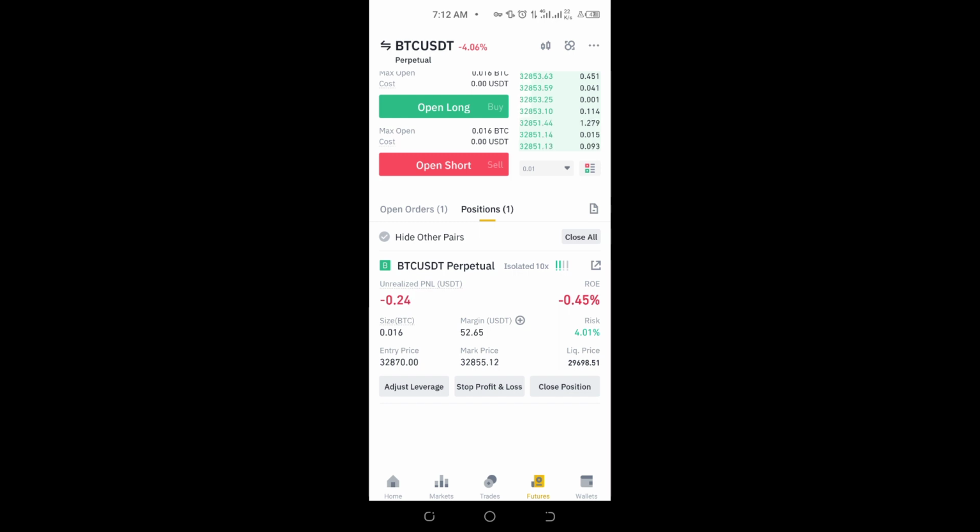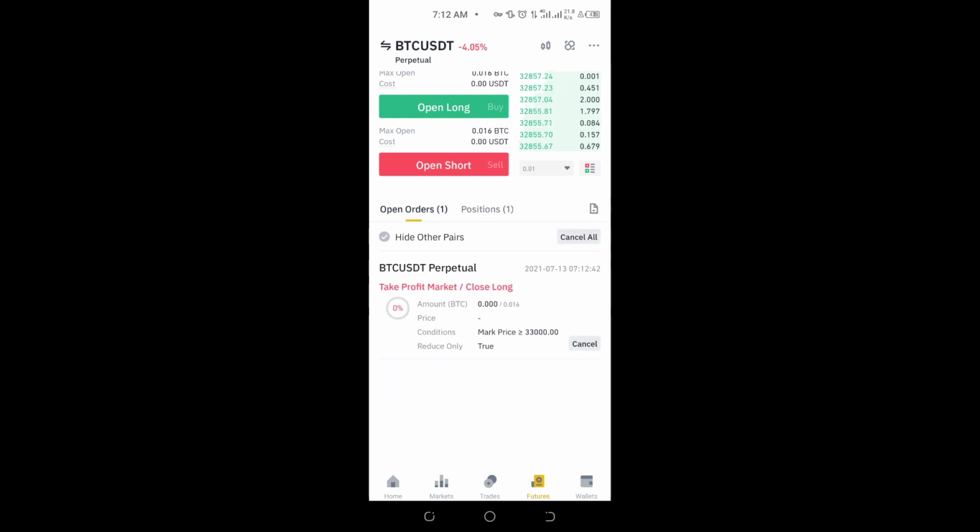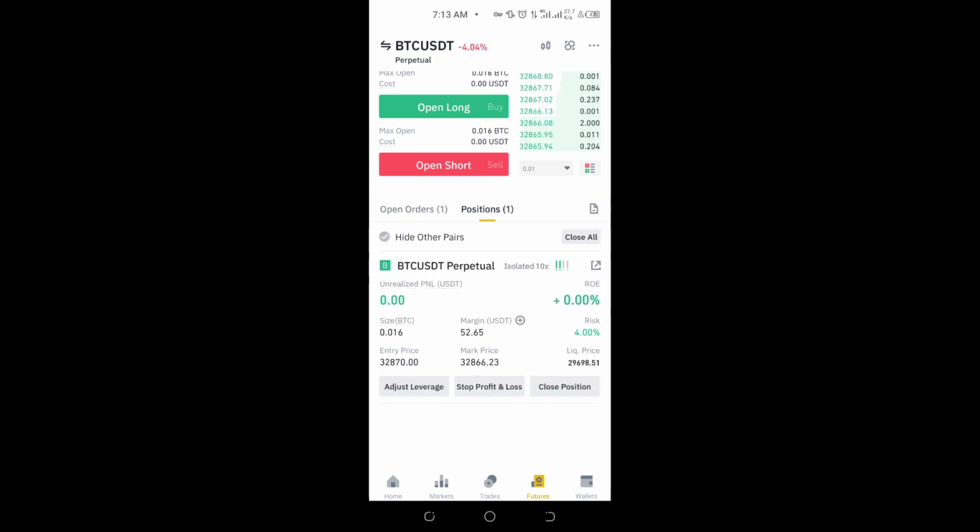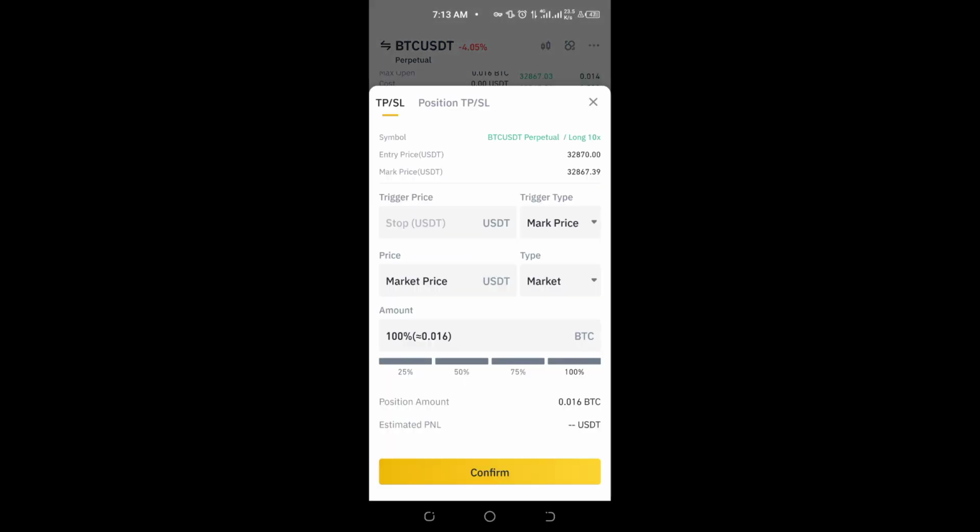Because we are currently on positions, you can check on open orders. So on open orders, you can see there the condition: market price, once it reaches 33,000, it closes. So let's move back to positions. You can as well set a stop loss. You click on it. So our entry price is 32,870.